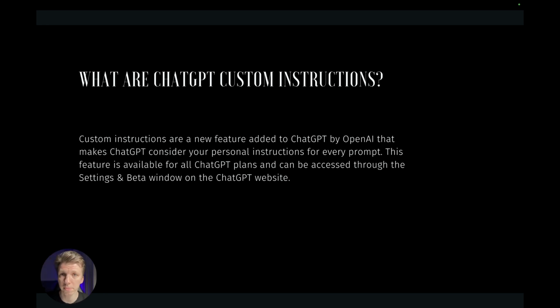The great thing about custom instructions is that they are available for all ChatGPT plans, both the free one and the Plus one, and can be accessed through settings and the beta window on the ChatGPT website. At the moment, it's actually the competitive advantage of ChatGPT, as Google Bard and Claude don't have this functionality yet.